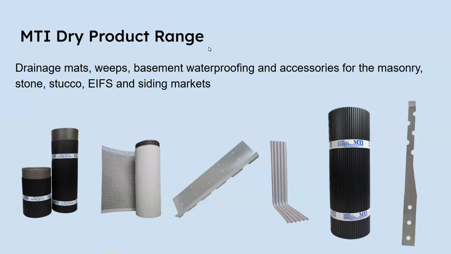Our product range includes a wide variety of products from drainage mats and weep accessories. As I said, they are designed and created for specific use behind certain types of siding. And we operate on what we would call a good, better, best philosophy in order to provide price point alternatives for each solution.